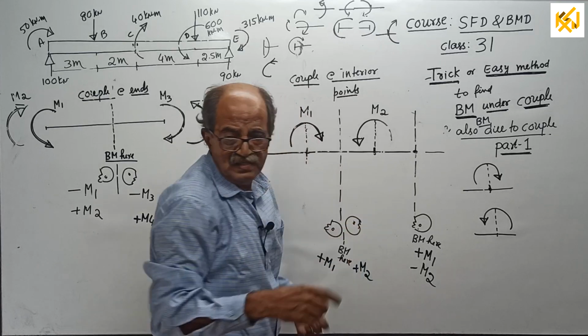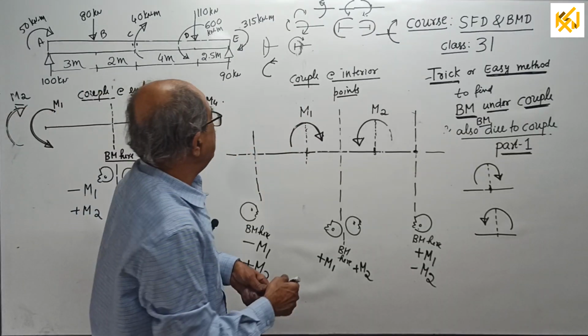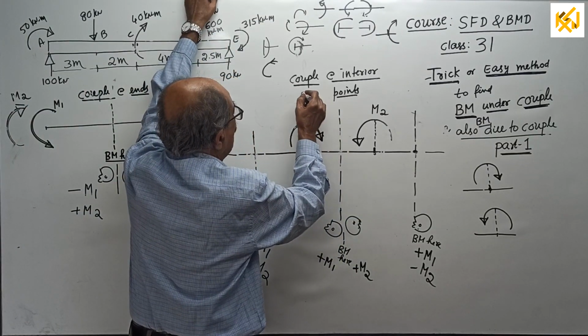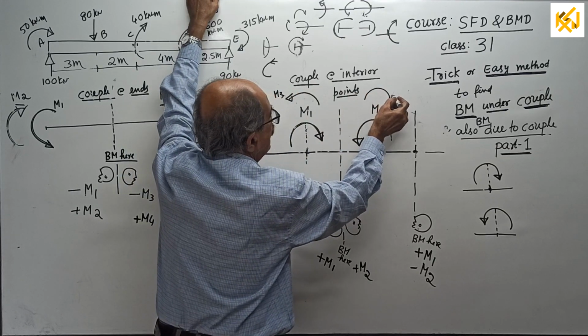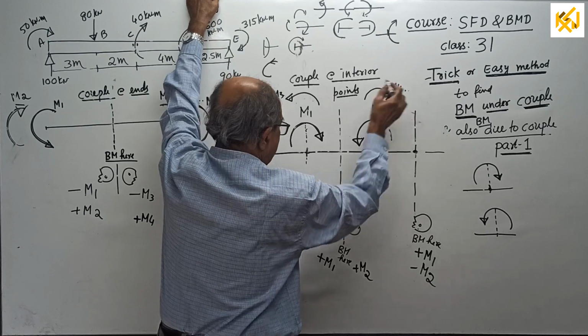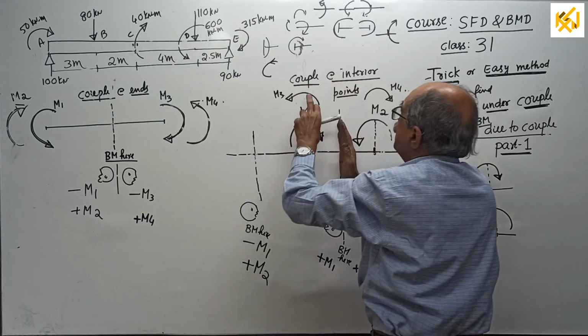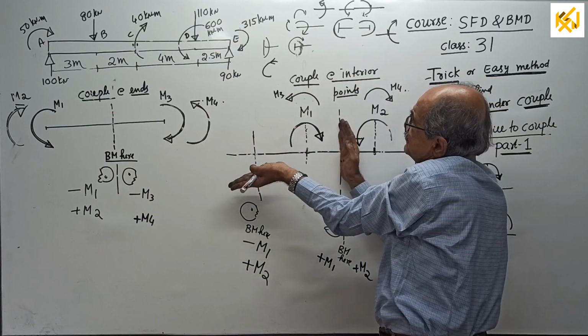Again, I told you, lastly, you can write a note also. In case there is one anti-clockwise M3 here, and a clockwise M4 is there, then at this section, it will be what? It will be plus or minus.